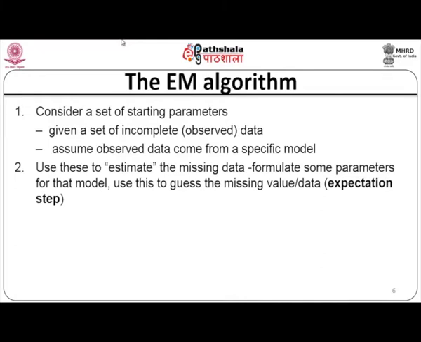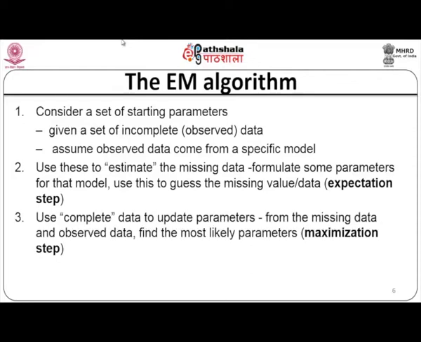Then use this incomplete data and the model to formulate some parameters for the model, and use the model again to guess the missing value or data. This is called the expectation step. In the next step, you have guessed some missing data now.